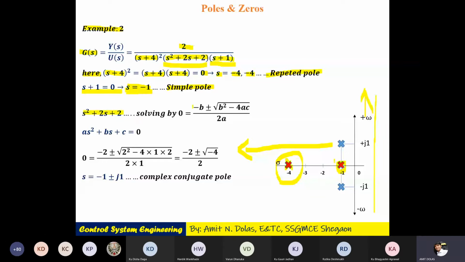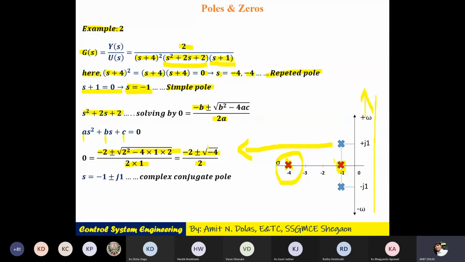So what we will do, we'll use this formula to find the complex conjugate: -b plus minus under root of b square minus 4ac divided by 2a. By putting all the values into the formula, where a is 1, b is 2 because it is 2s, and c is also 2, you will get -2 plus minus under root -4 divided by 2.